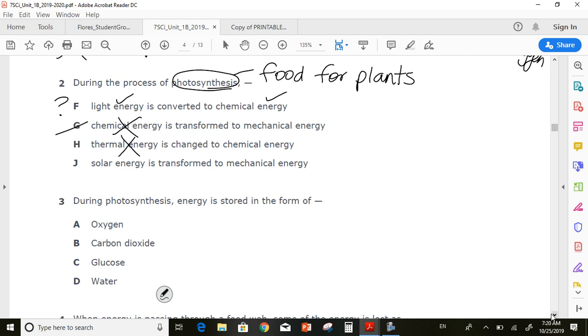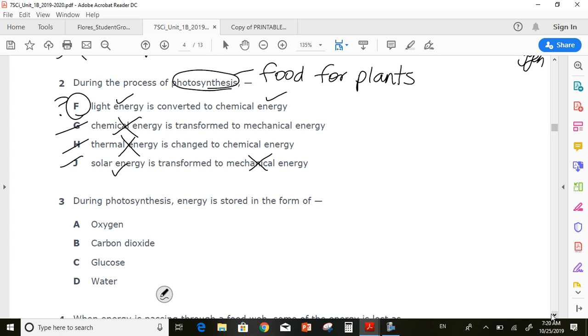The plant needs light. So no. Then it says solar energy, okay, maybe. We're going to say yes, because it is technically energy from the sun, and it's converted to mechanical energy, something that moves. And this part is not true. So J cannot be your answer. F is your best choice.